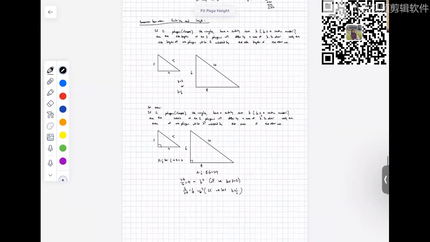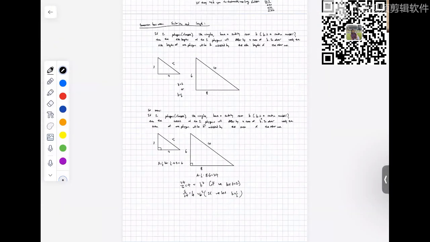So do you see how the ratio of the areas versus the ratio of the side lengths is going to be different? The ratio of the areas is going to be the ratio of the side lengths squared.